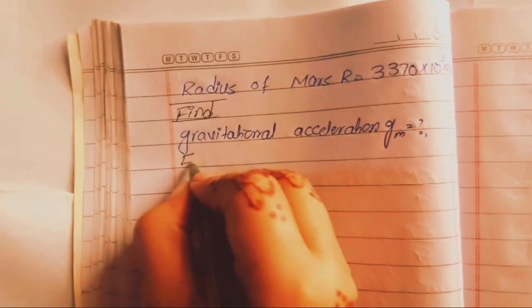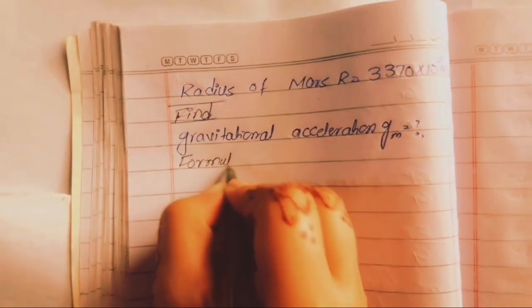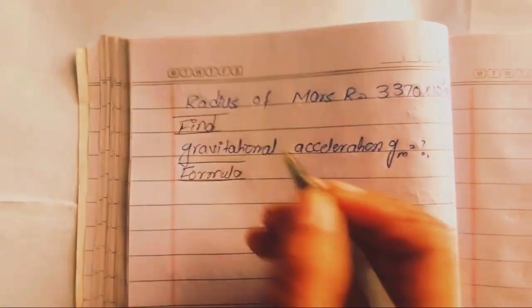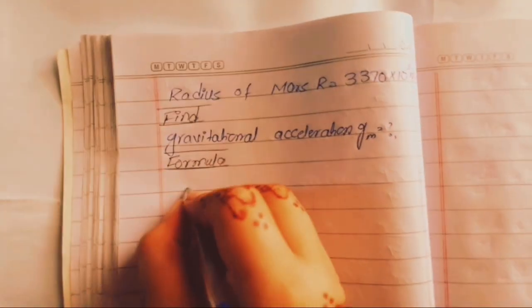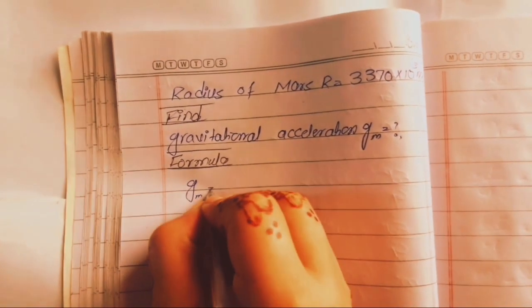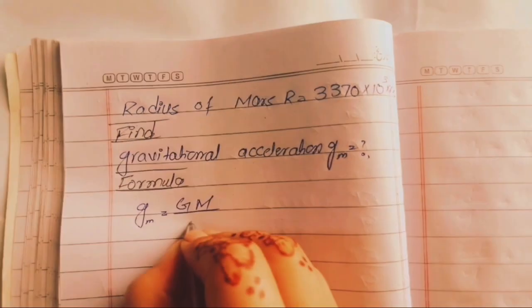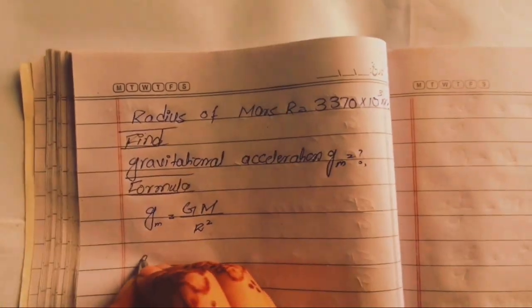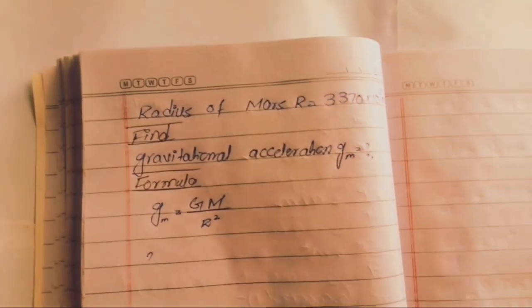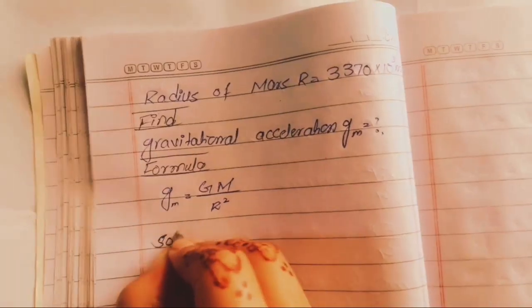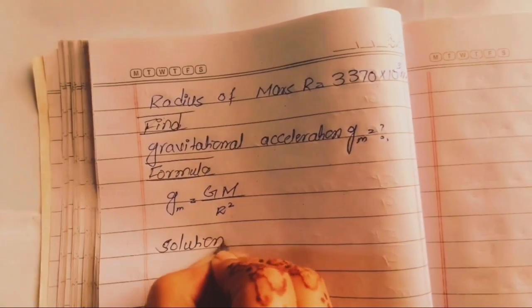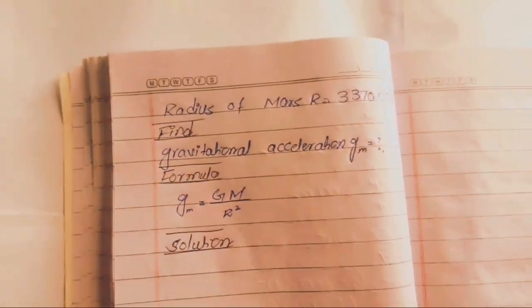For this, we will use the formula g is equal to capital G m over r squared. After that, we will start the solution by putting the values inside the formula.